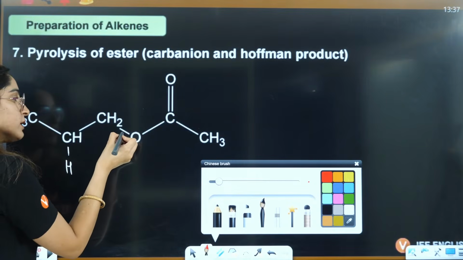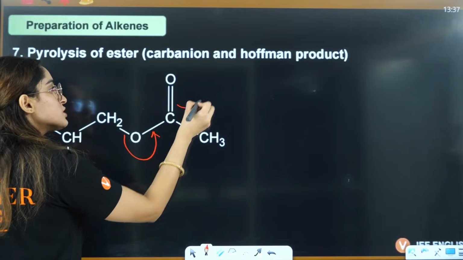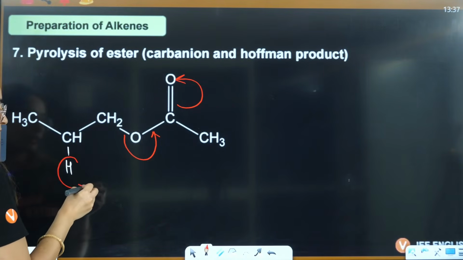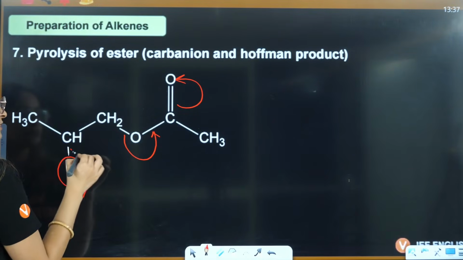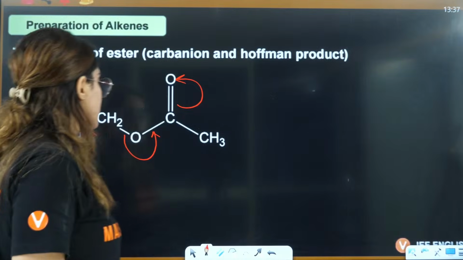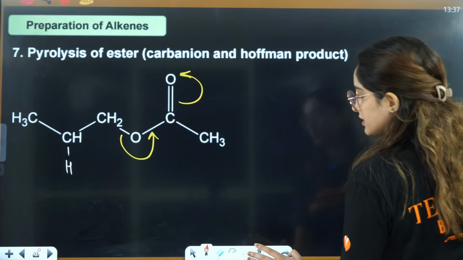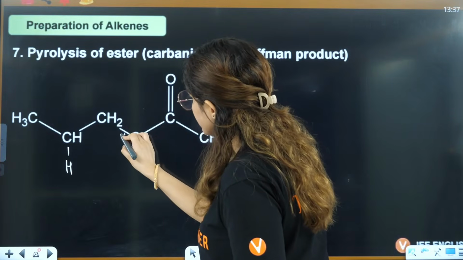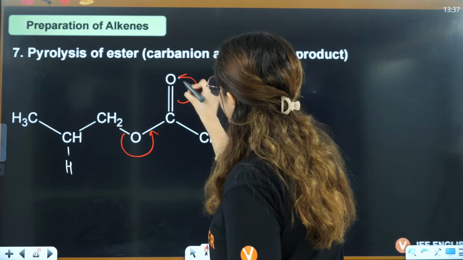This bond will shift here, this bond will shift here, and this bond will be eliminated. This H will shift there and this bond will shift here. Again I am drawing it. See, this bond will break, this bond will shift here and this bond will shift here.